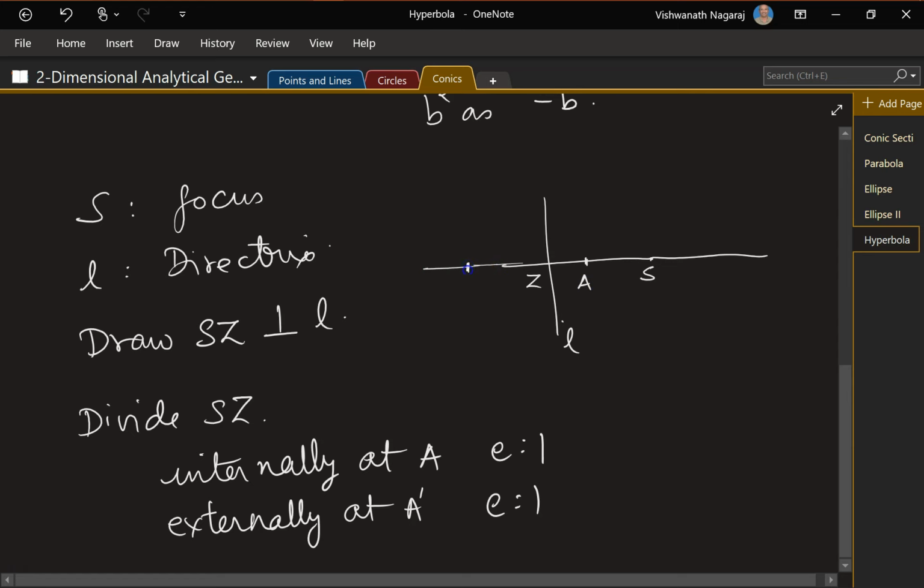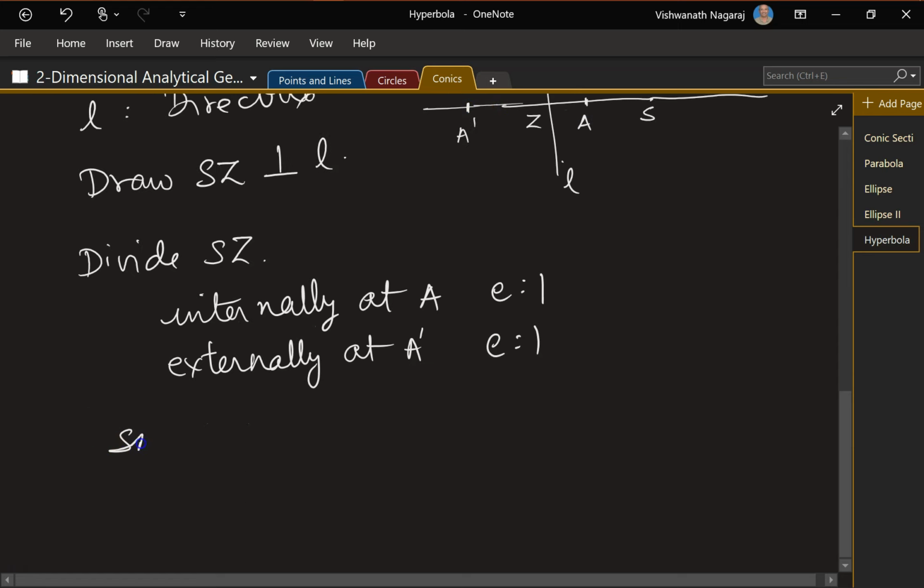We know SA by AZ equal to E because we have divided it like that.